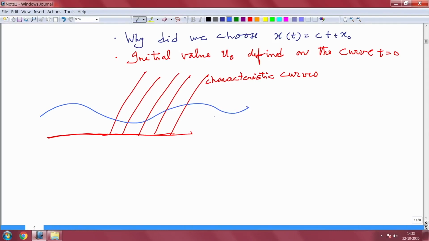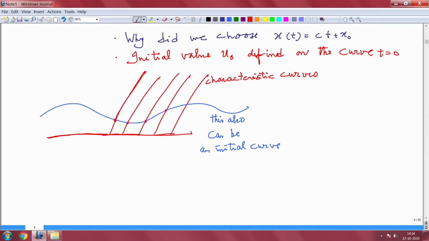Then this also can be an initial curve, and this also can be an initial curve. Because you know that u is constant along all these lines, if you know the value of the initial value at this point, I can determine the value along that curve. Similarly, if I know the initial values at that point.